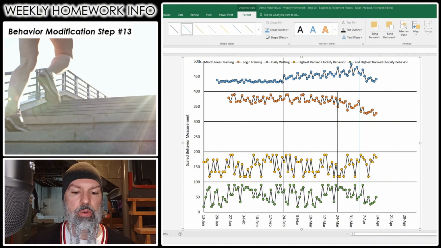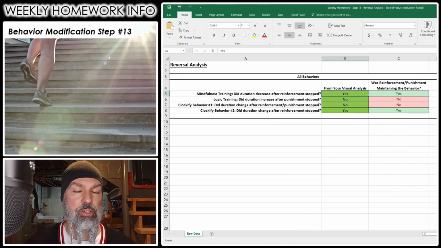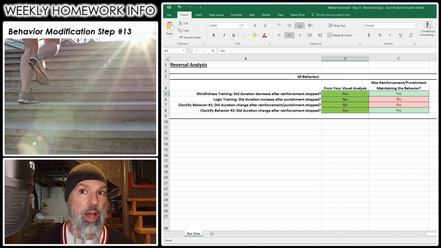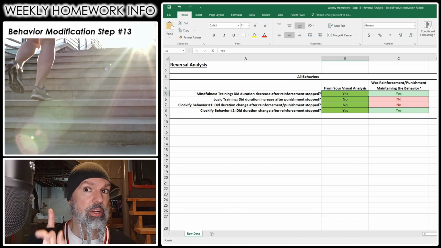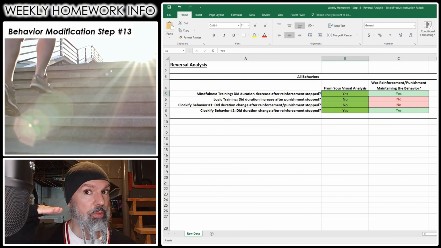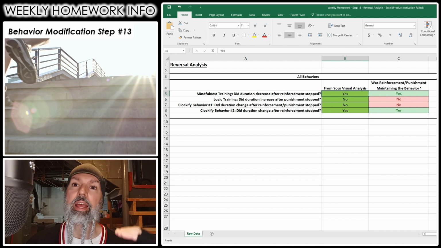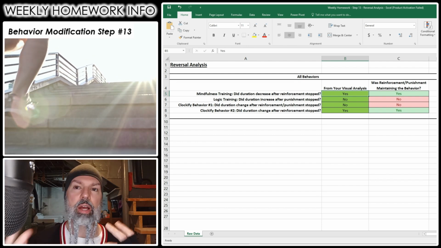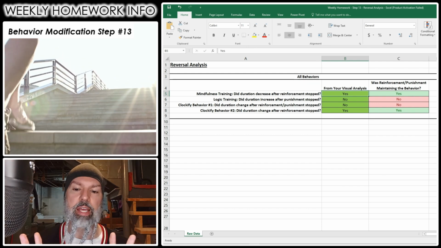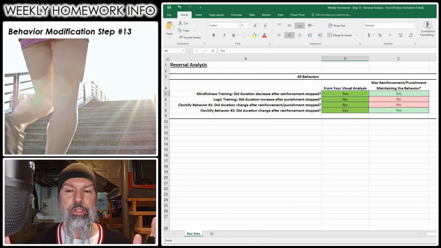And you are also going to hand in your homework step 13 reversal analysis Excel sheet indicating whether or not the reversal procedure showed that the homework reinforcement is the only thing maintaining that behavior, or have other reinforcers now occurred and are maintaining the behavior. So again, make sure that we do that 5 out of the 7 days. And that is it for the homework video for step 13.